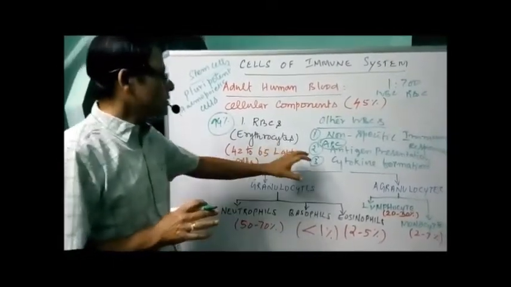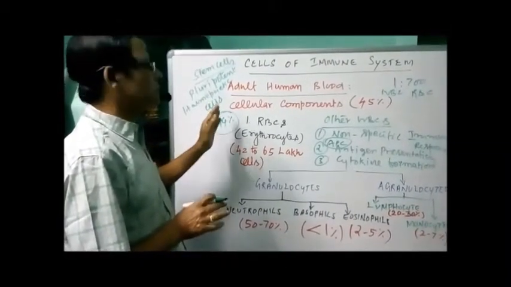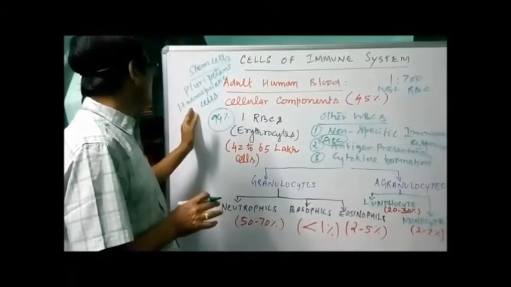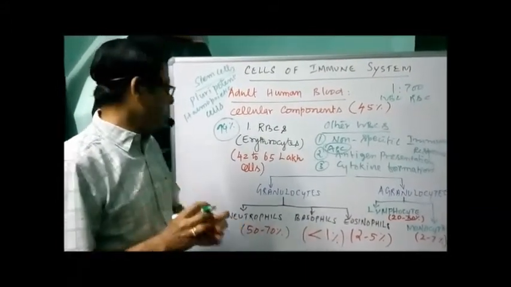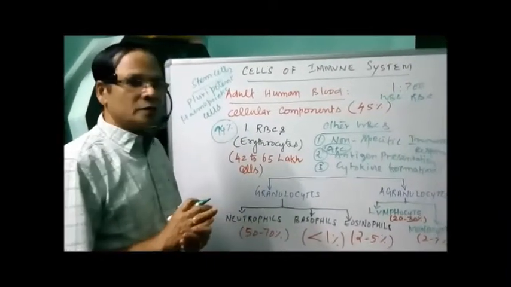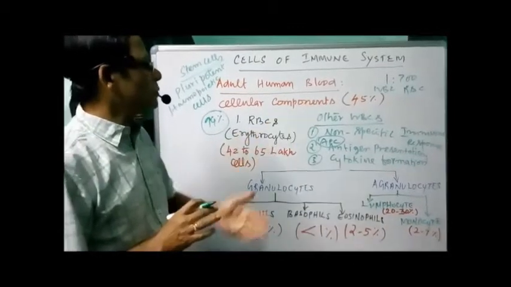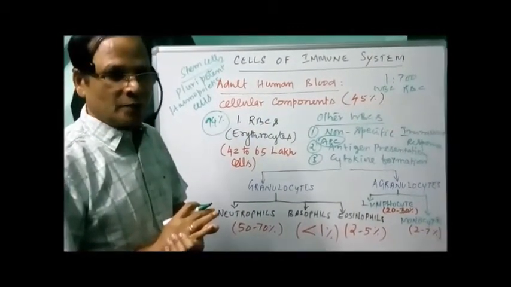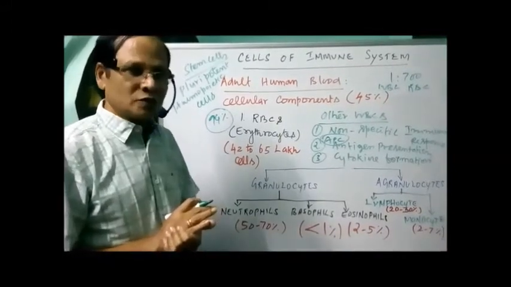So all these cells are produced from what are called pluripotent hemopoietic stem cells. Each stem cell is capable of producing either the RBCs, or the WBCs, or the third type, the platelets. Platelets are not considered as formed elements, you know that one, non-cellular structures.